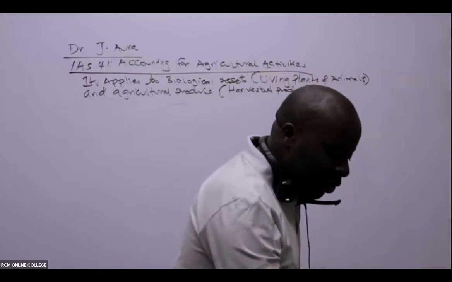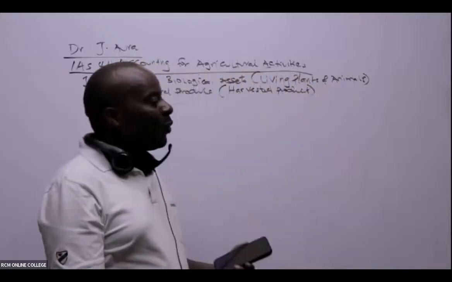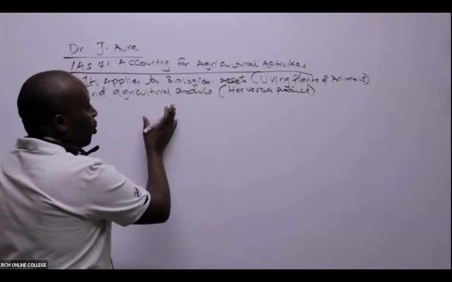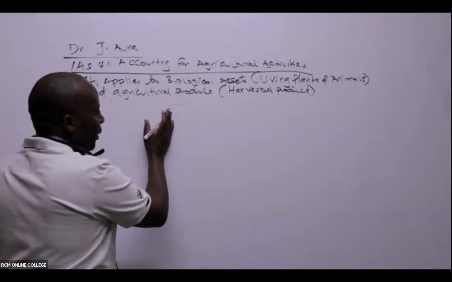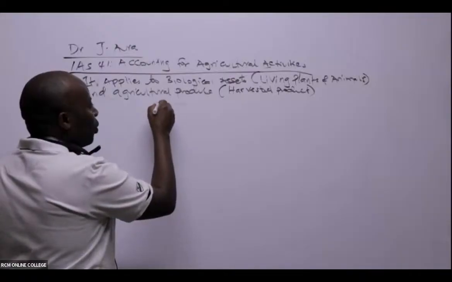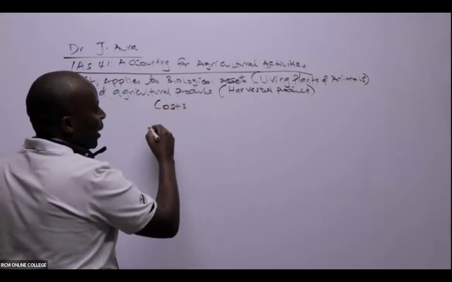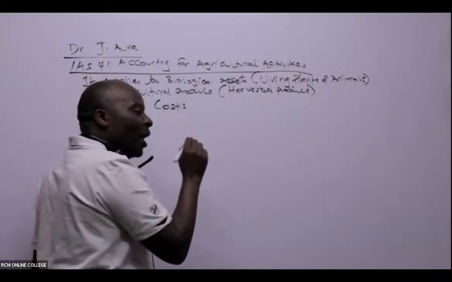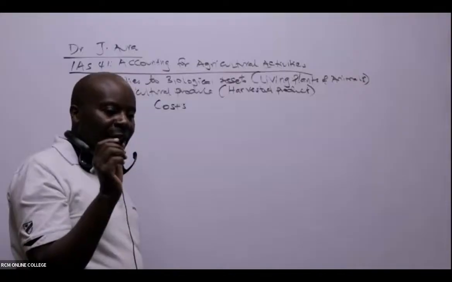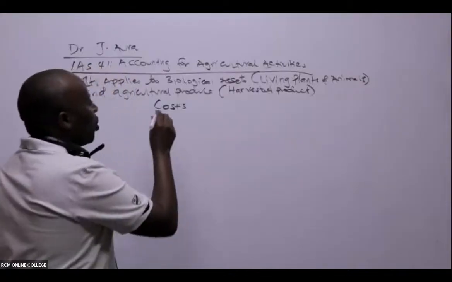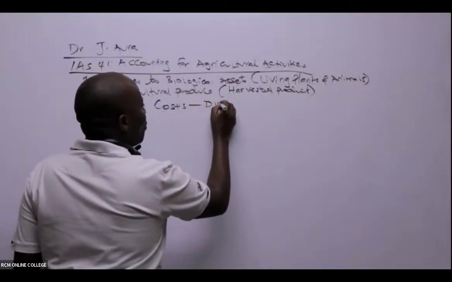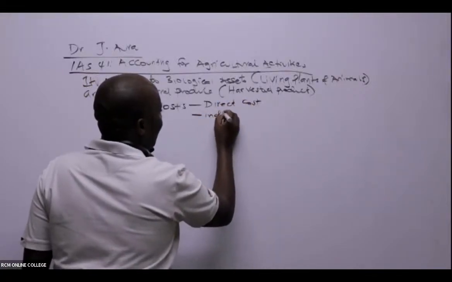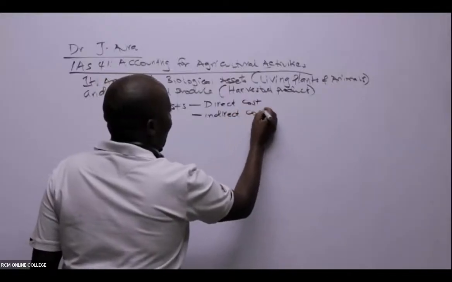All right. Then I will straight away show you that we have two types of costs. Whenever it comes to costing, we have two types of costs, which are very important for us to remember under IAS 41. Whenever we talk of measurement, the costs are direct, and then we have the indirect costs.